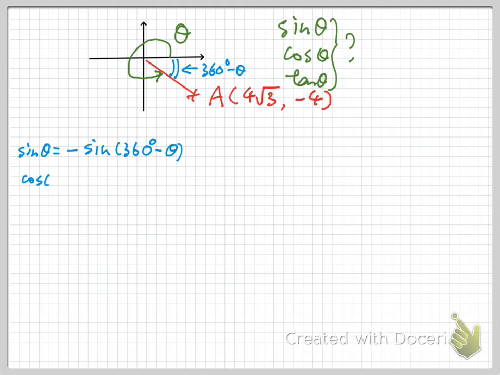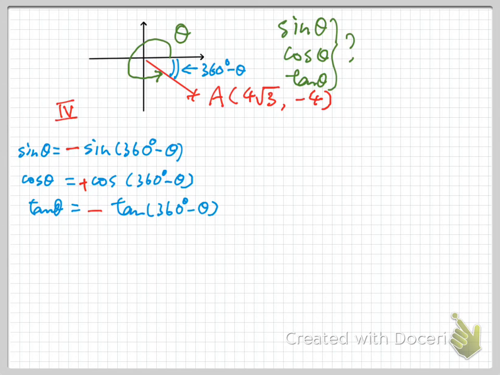Similarly, cosine theta will be cosine 360 degrees minus theta, and tangent theta will be the negative of tangent 360 degrees minus theta. These plus and minus come from CAST, because it is in the fourth quadrant. So we have this CAST.